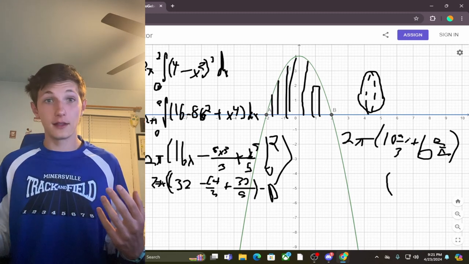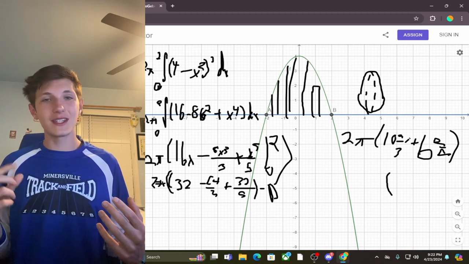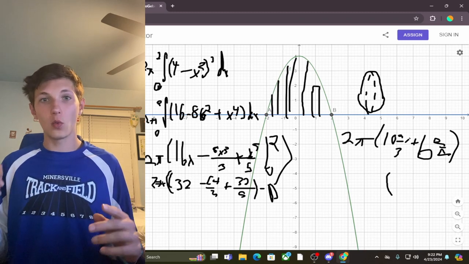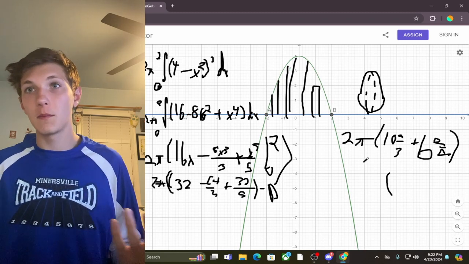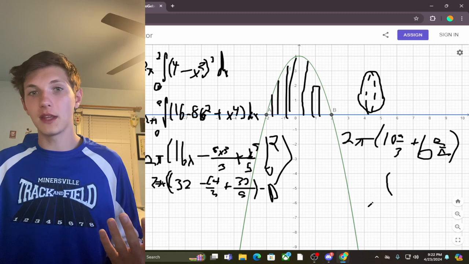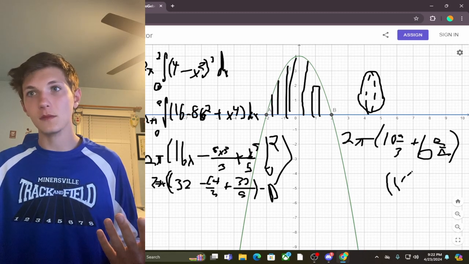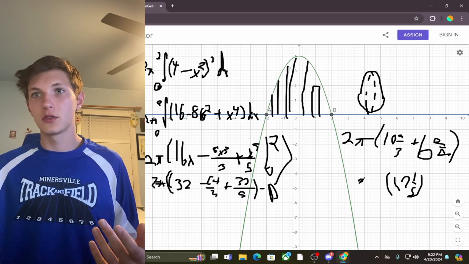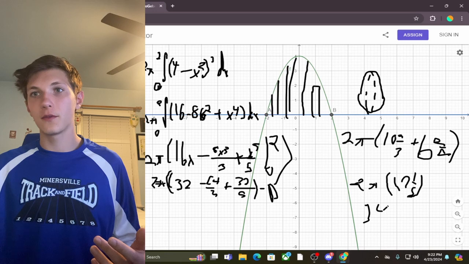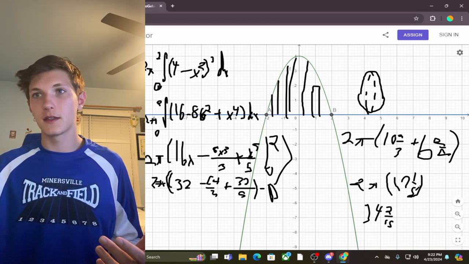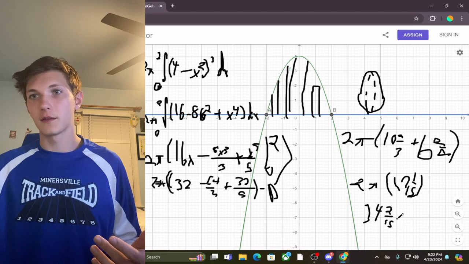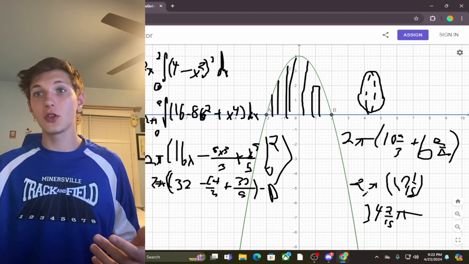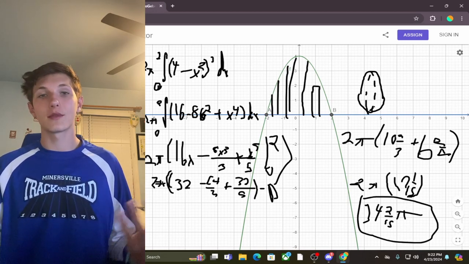We get 17 and 1/15. Multiplied by 2 pi, I'm just going to write down the step real quick, we get 34 and 2/15 pi. And that is the volume of this shape.